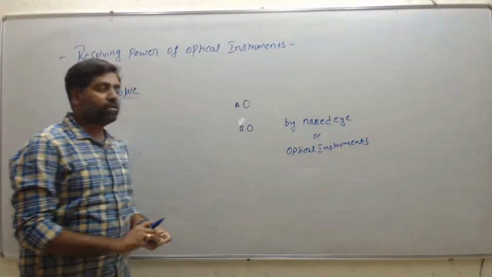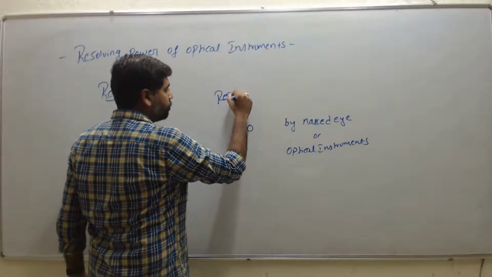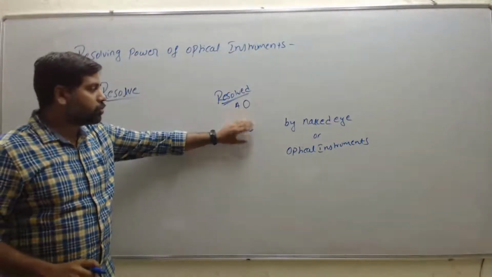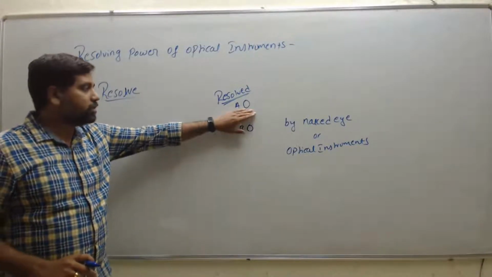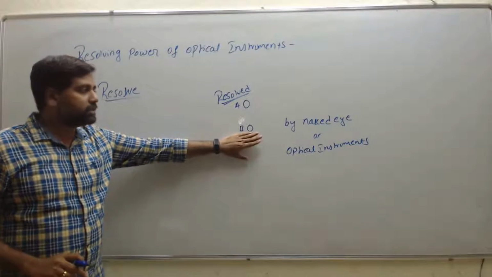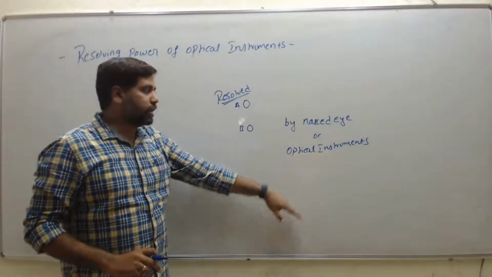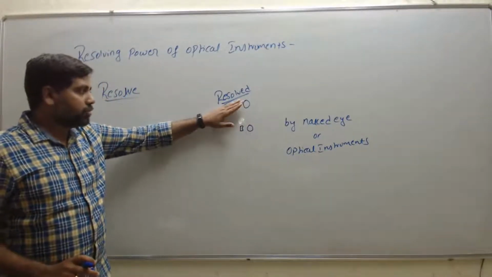Then we say that these two objects are resolved. These two objects are very close to each other, but they are independently seen by the naked eye or through the optical instruments, right?